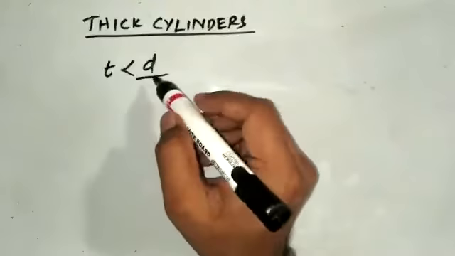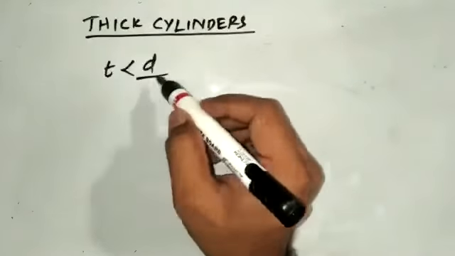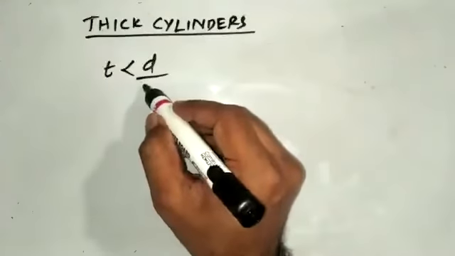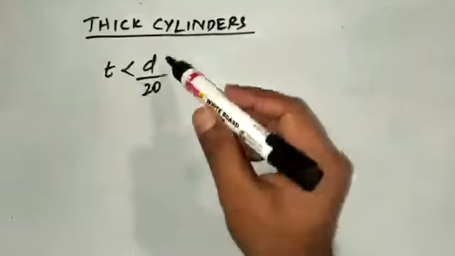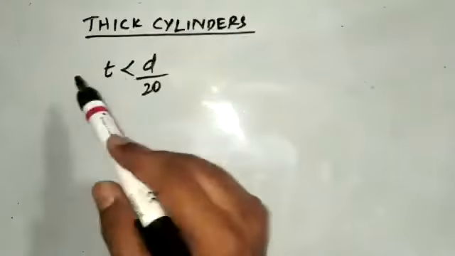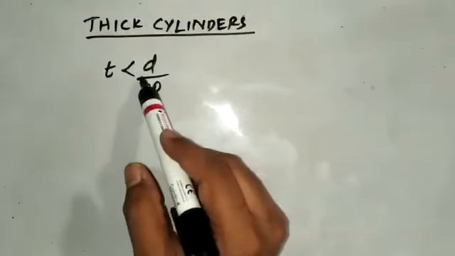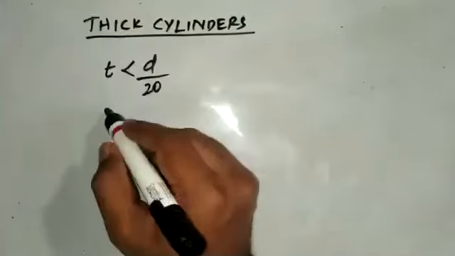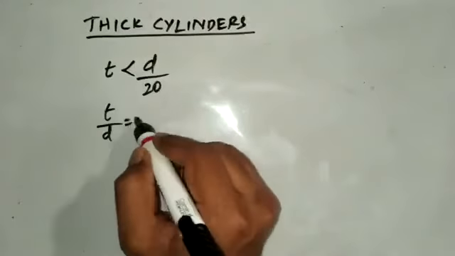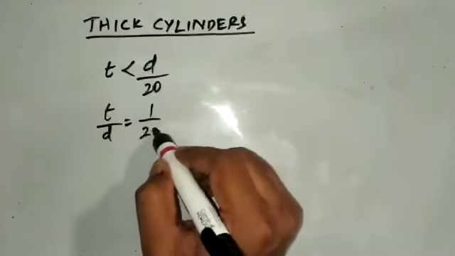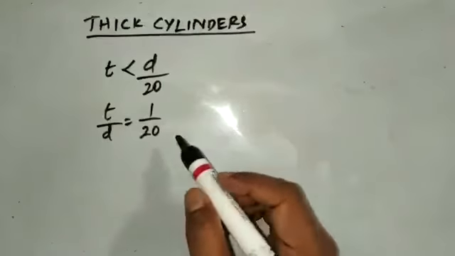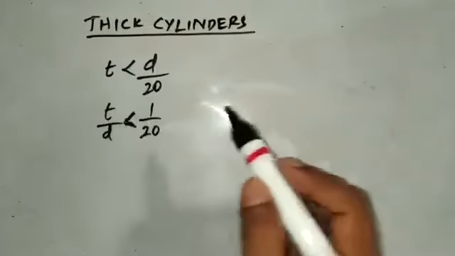Some textbooks take it as 15, so it is in the range of 15 to 20. If we divide the diameter by 20 parts, then the thickness should be even less than that. So the T upon D ratio should be less than this, not more than this.